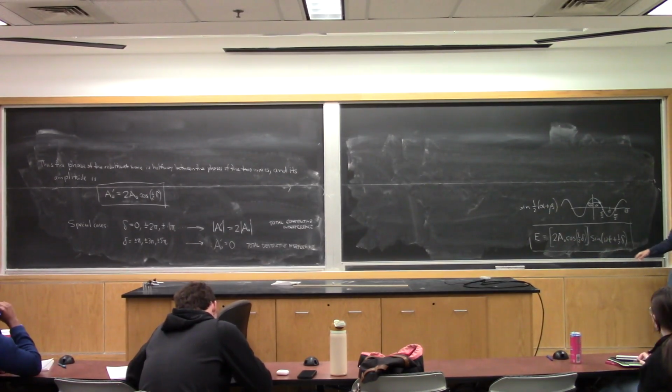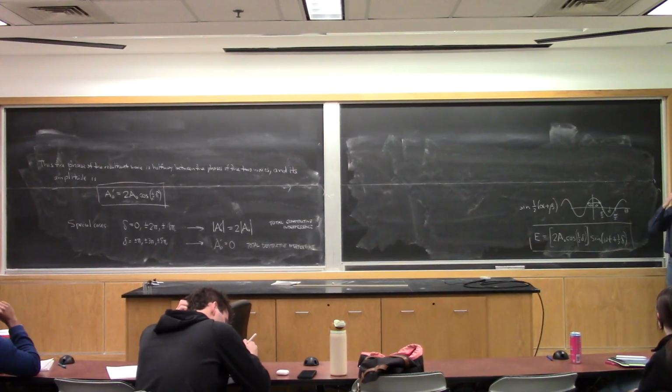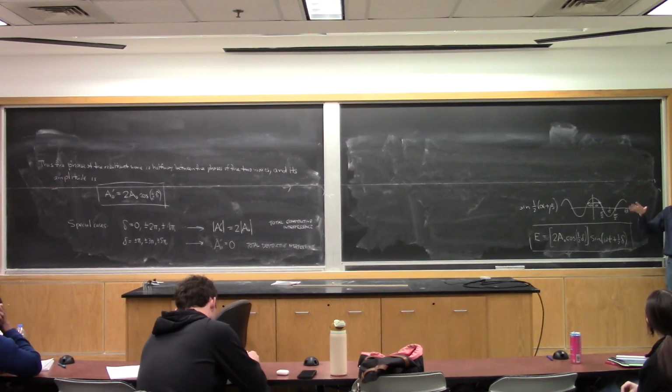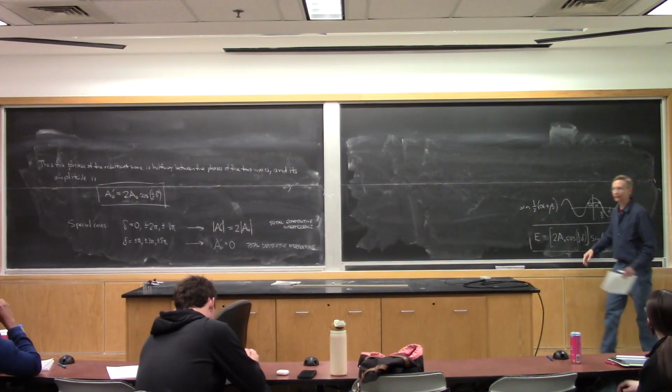Now, it turns out the time average of sine squared is a half, and so that would be there too. But the intensity is proportional to the amplitude squared. There'd be a half there. There'd be an epsilon naught or whatever. What really matters is it's proportional to the amplitude squared.